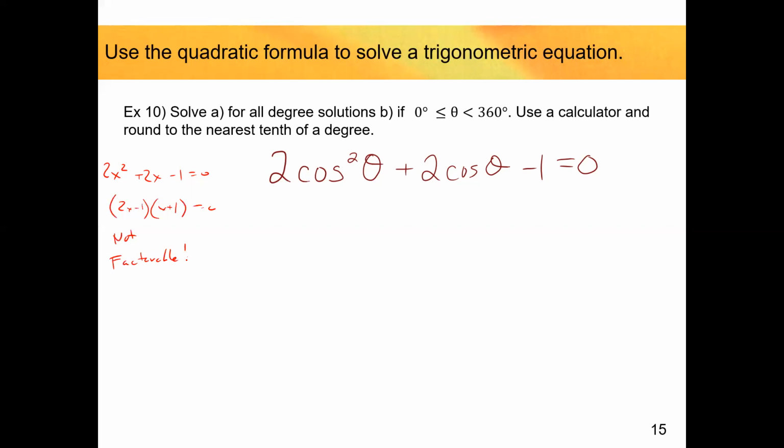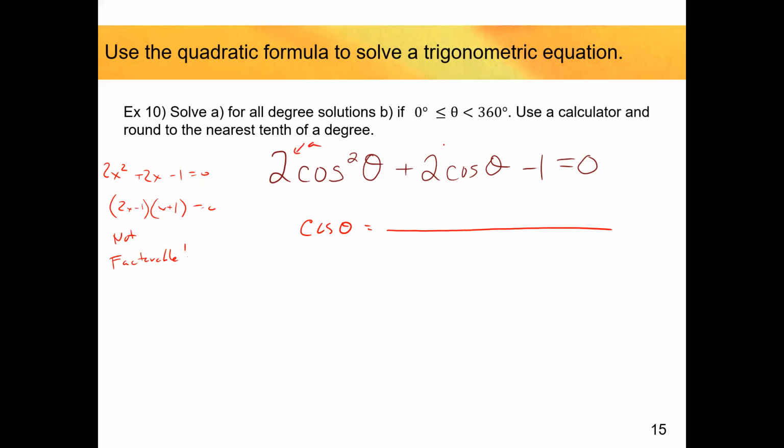Okay, because of that, we have the quadratic formula, which works all the time. So it's going to be cosine theta is equal to whatever we get from here. Let me change pens.